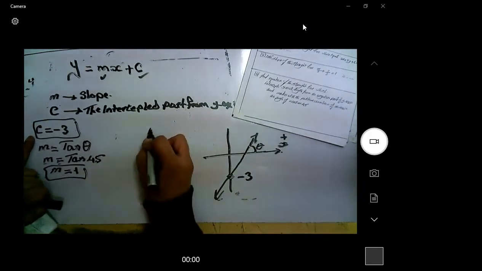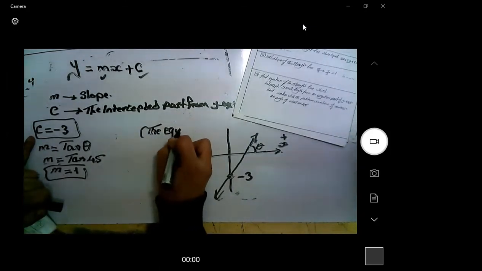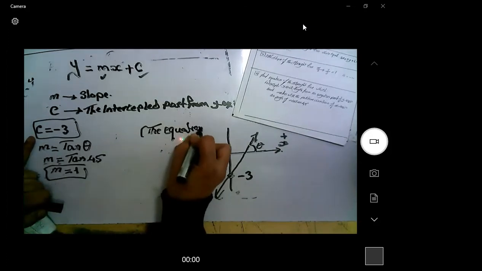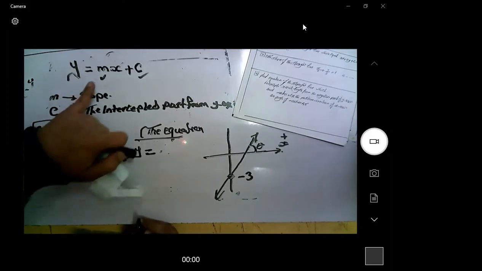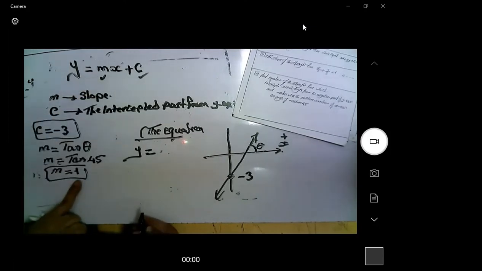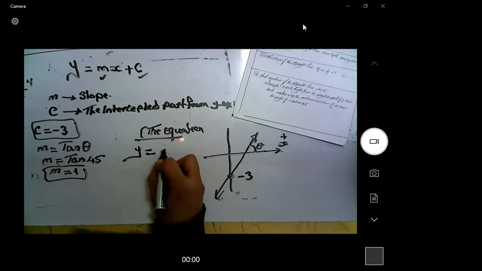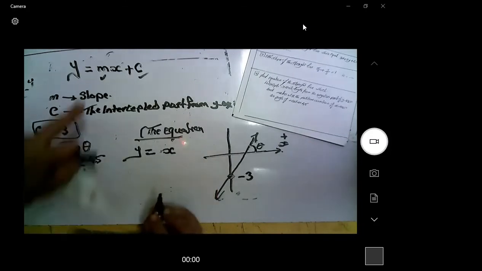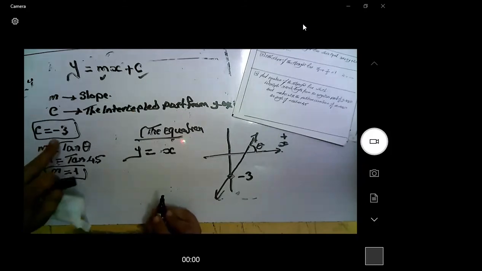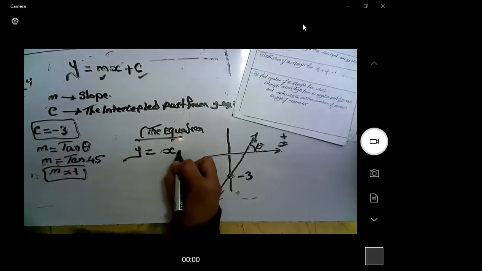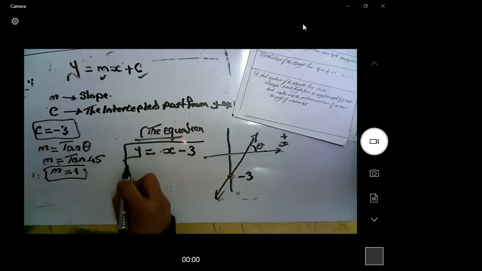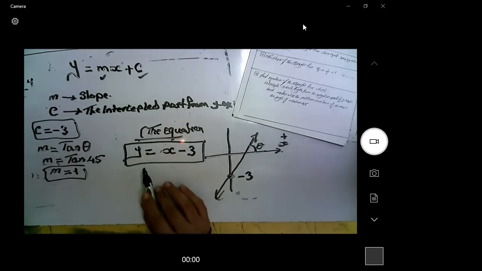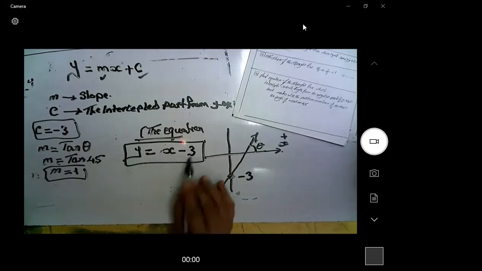Then the required equation of the straight line is y equals m x plus c, with c equal to -3. Then the equation of our straight line is y equals x minus 3.